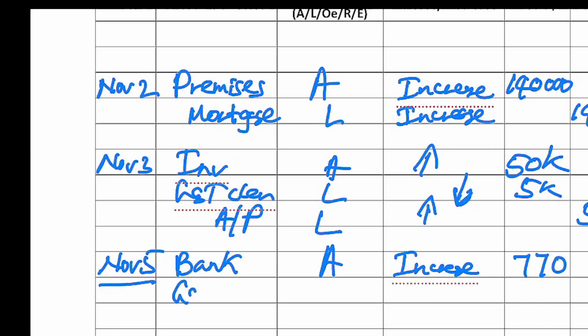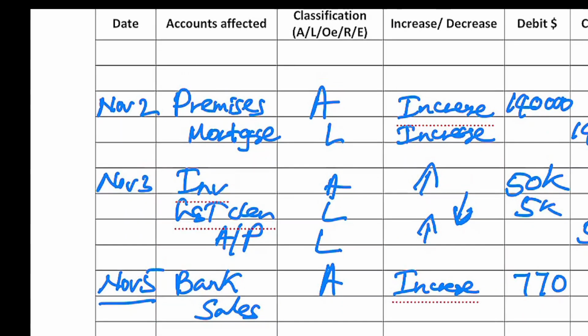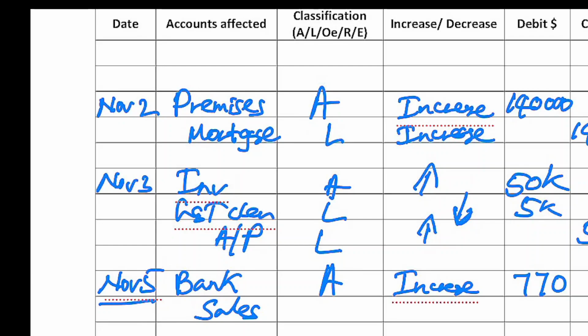Before GST, sales revenue, which is sales. Asset or liability? Revenue. Increase or decrease? Increase. How much? 700.